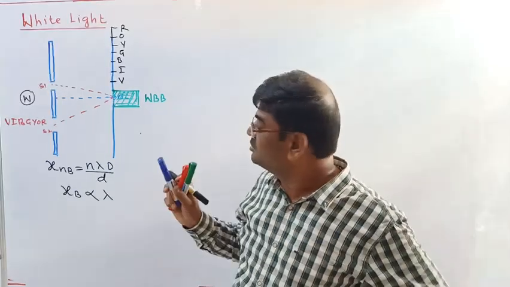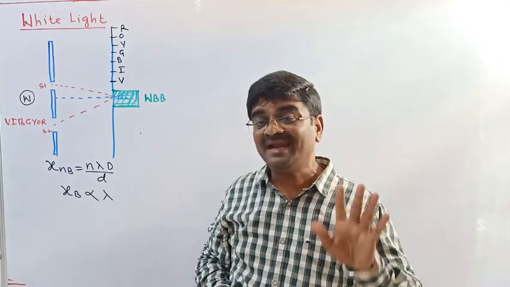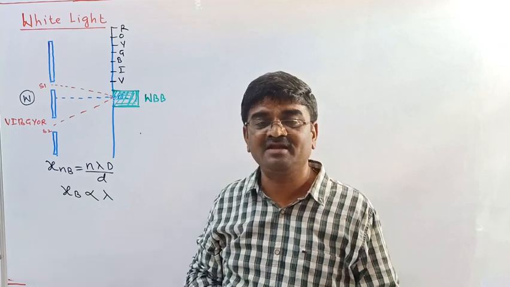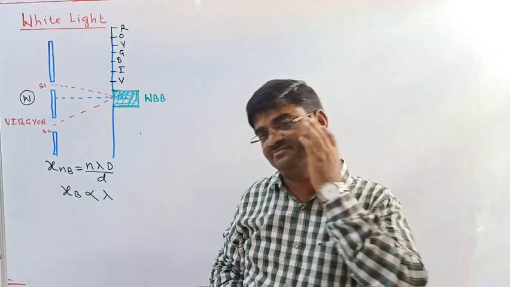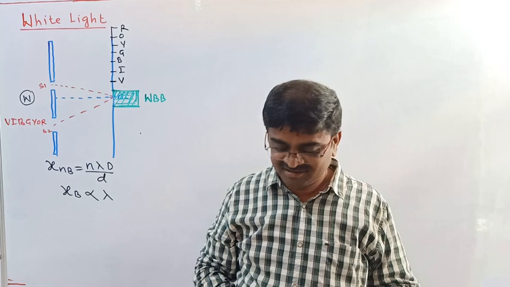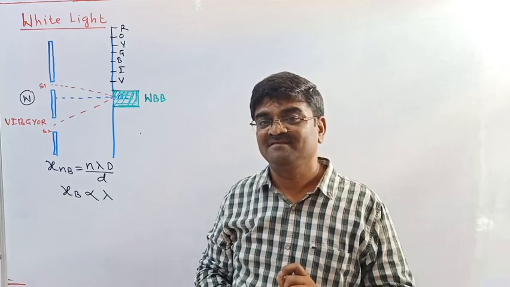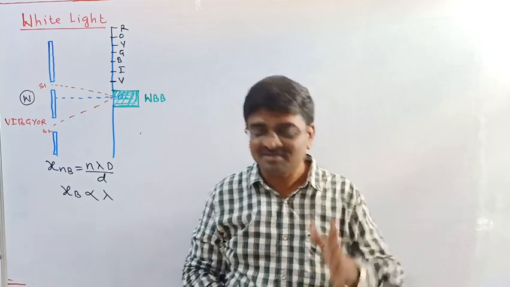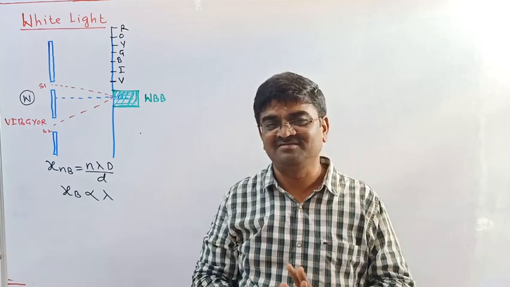Anyhow, the point to be noted here: if I use a white light source, what I notice is that the central bright band is of white color and the remaining bands are of different colors. Even for your kind information, generally in a YDSE setup, a white light source is used initially to locate the center of the screen.